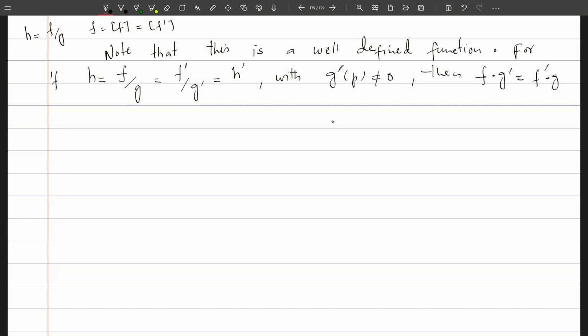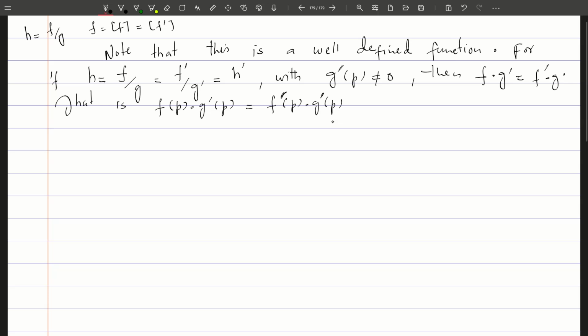Now, if this is the case, then f(p) times g prime(p) is the same as f prime(p) times g(p), since the multiplication is pointwise in the quotient field.